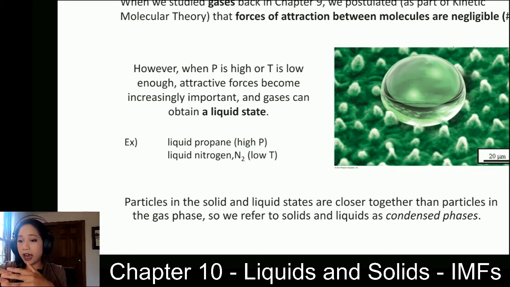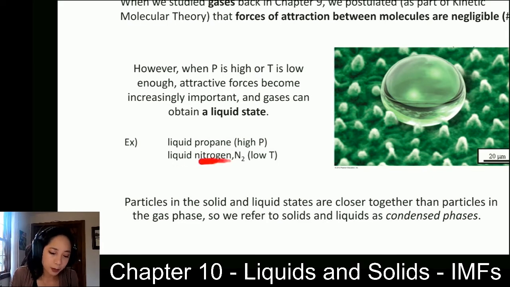Then that gas is at regular ambient pressure, a lower pressure, and thus becomes the gas phase again. But propane in your cylinders is stored as a liquid until you want to use it, and then it becomes a gas.